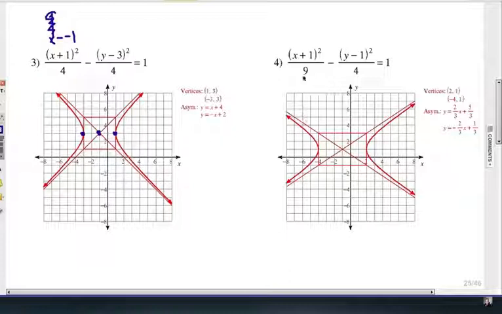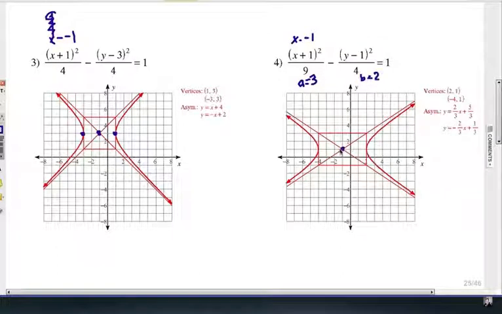Number 4, this is x minus negative 1, so the center is at (negative 1, positive 1). This gives you an a value of 3 and a b value of 2.